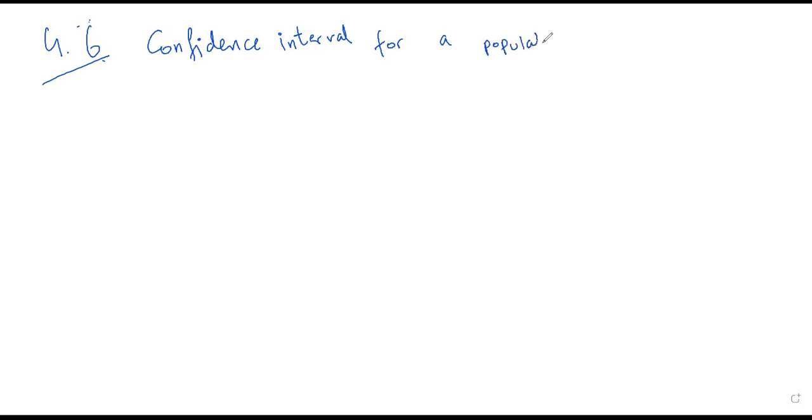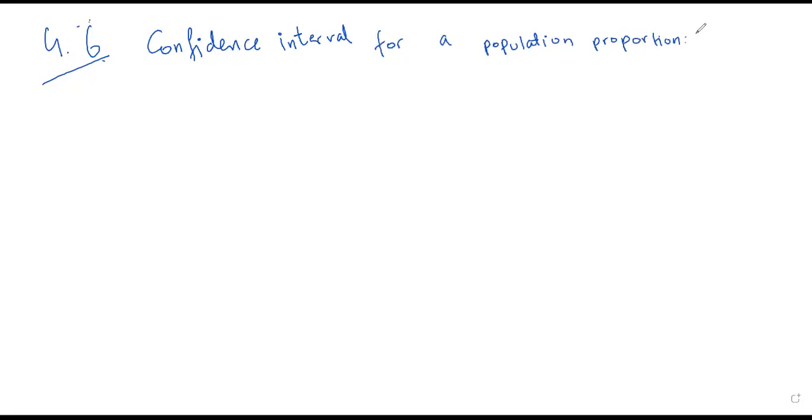The last section is 4.6, Confidence interval for a population proportion.